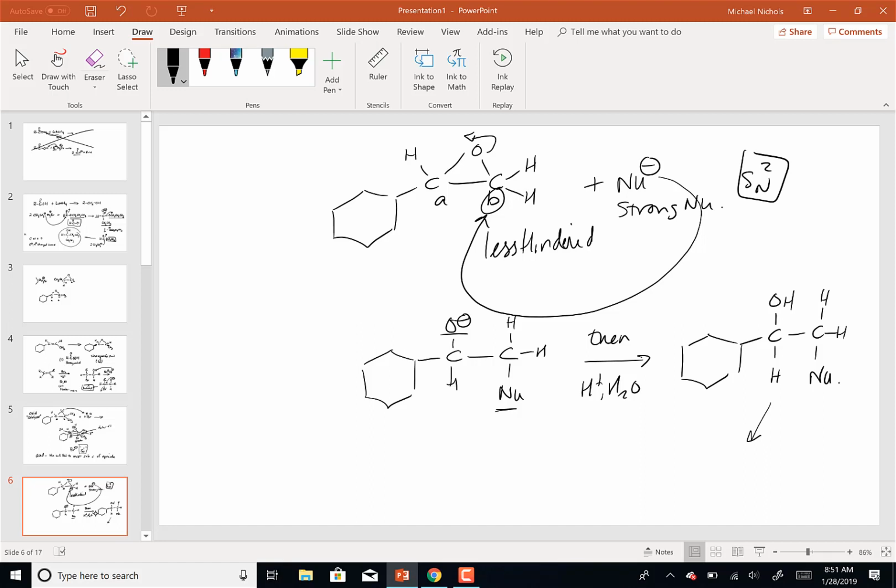If carbons and hydrogens were easy leaving groups, they don't act as a skeleton anymore. And so it just willy-nilly, these groups would just undergo SN2 and leave. And there wouldn't be an order to it. There would be no skeleton to hang things off of if the skeleton reacted. So that's why carbons and hydrogens, they don't leave.